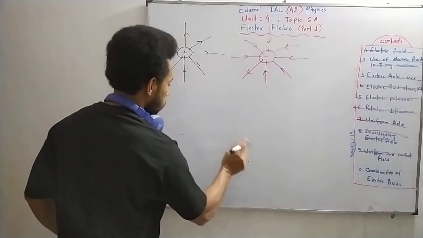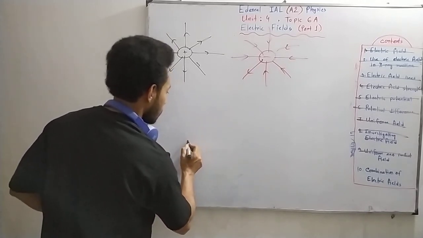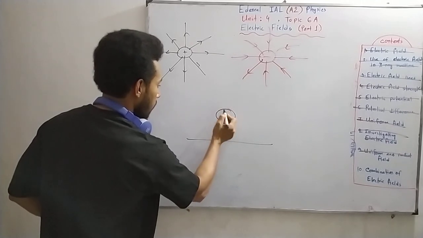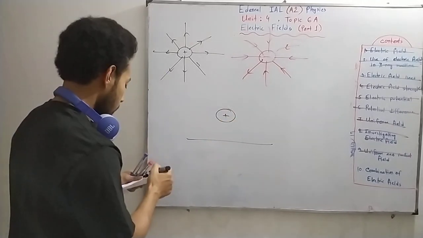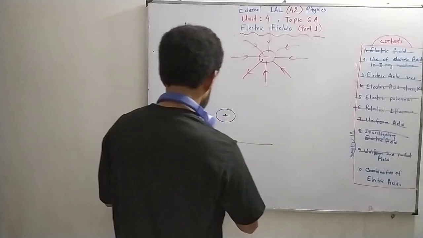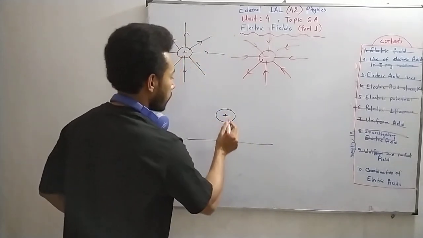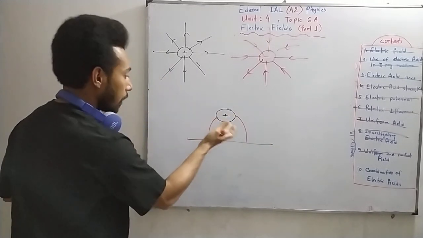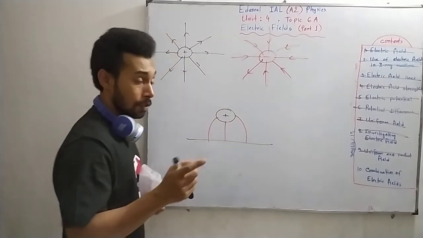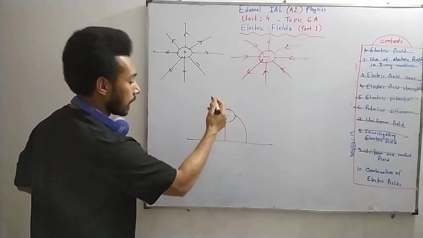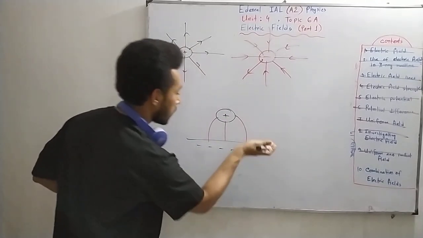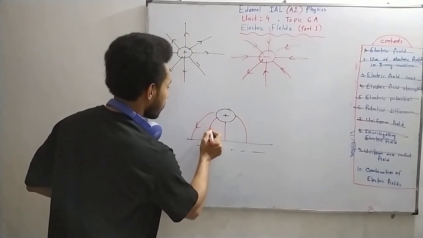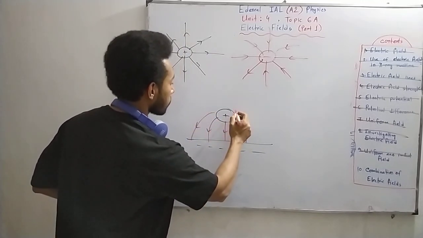Now, suppose this is the earth surface and this is a positively charged particle, and the direction of the field will be, you have to remember that since it is positively charged, it will induce negative charge on the earth surface. Therefore, the direction of the field will be like this.